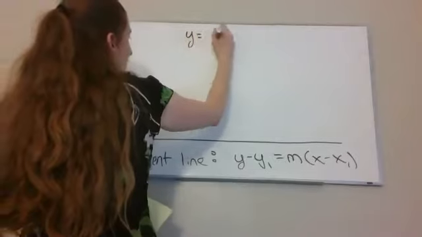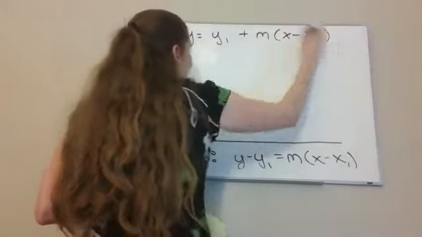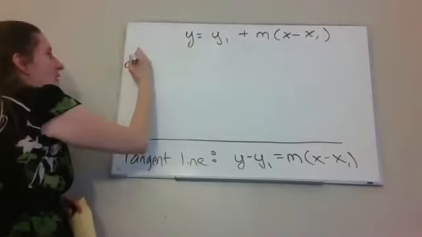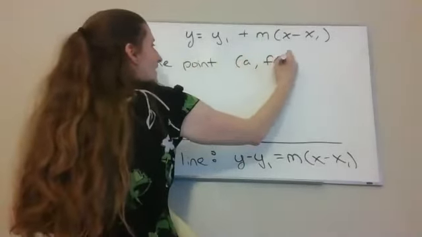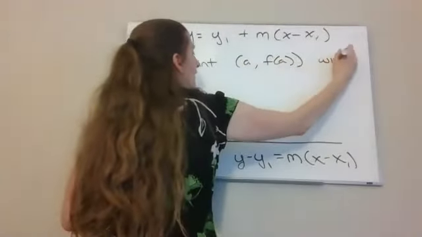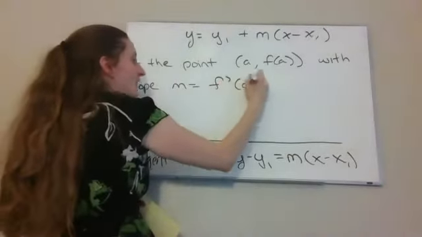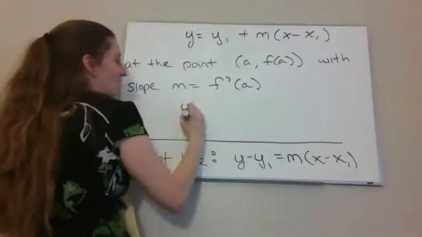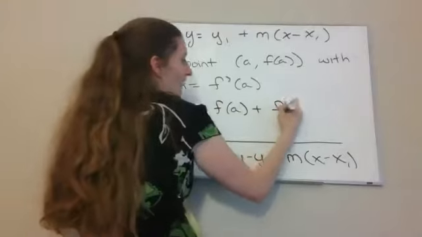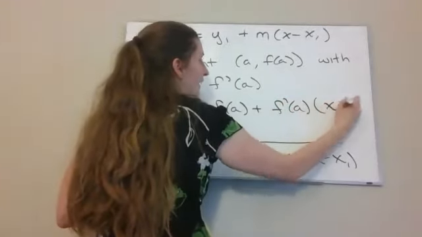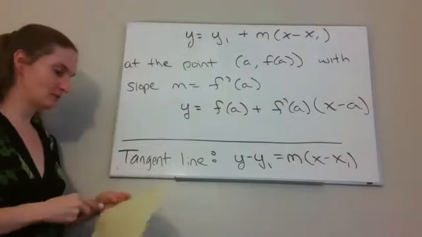We get y equals y1 plus m times x minus x1. Now, if we are talking about the point A and f of A, and we have our slope, which was given by the derivative of our function evaluated at A, this tangent line equation looks like y equals f of A plus f prime of A times x minus A. So this is our tangent line, just rewritten a little bit.